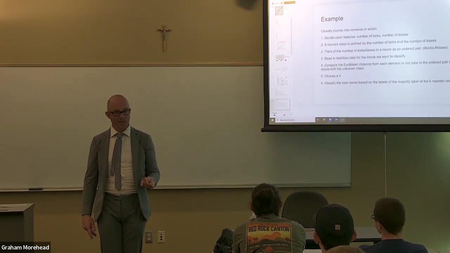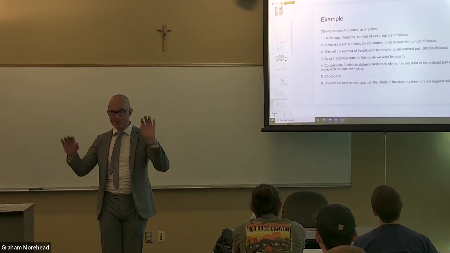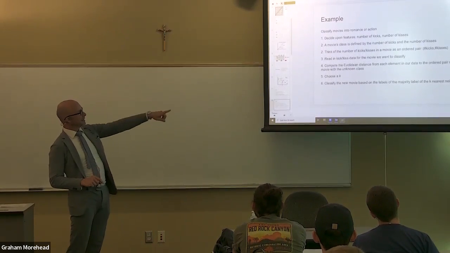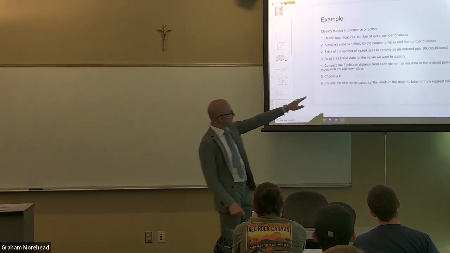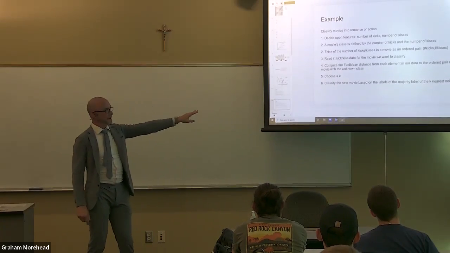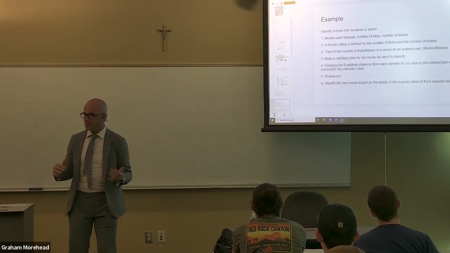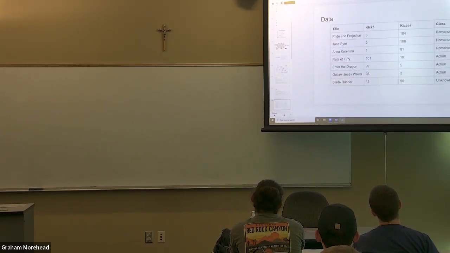You know, how many times someone gets kicked and how many times someone gets kissed in a movie. So let's choose just those two features. And we're going to train and we're going to read some data in. We're going to use Euclidean distance. We're going to choose a K. And then we're going to take a new movie that's not in our data set, try to predict what genre of movie it is. Okay.